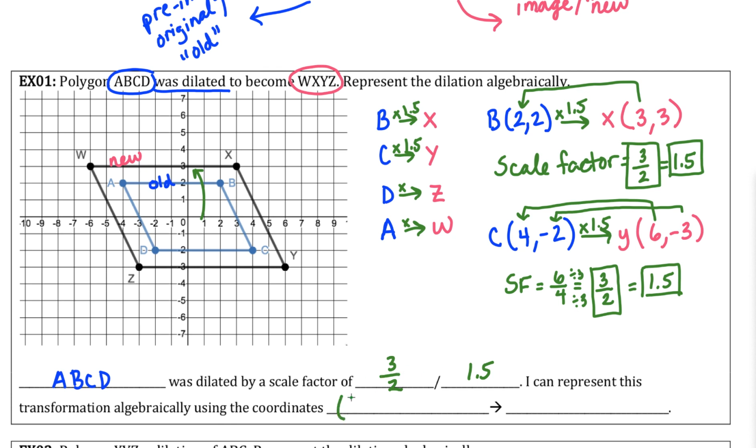Let's use fraction form. 3 over 2 times x, 3 over 2 times y. We can represent it using the coordinates x comma y into 3/2 x and 3/2 y. You could have also used the 1.5 if you prefer.